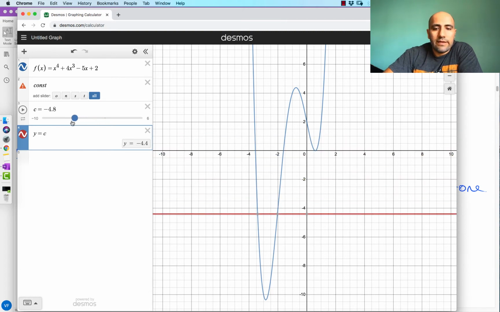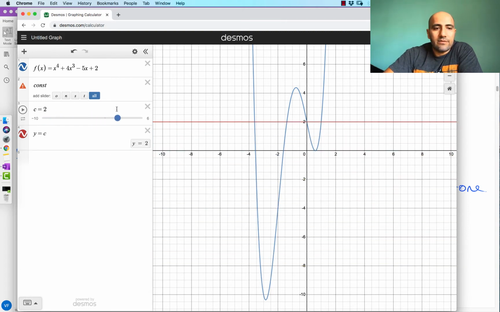And so now I can have this guy sliding up and down. So y equals c means that at this point y equals 2. And then as I slide it around, now this time y equals -6.4. So I have a visual here of this sliding up and down.